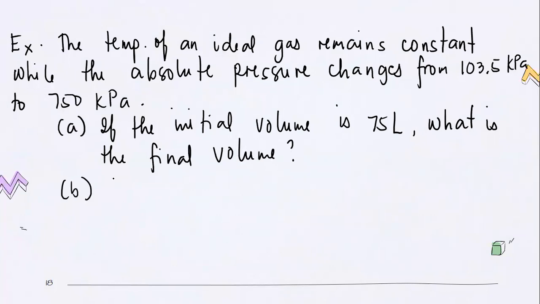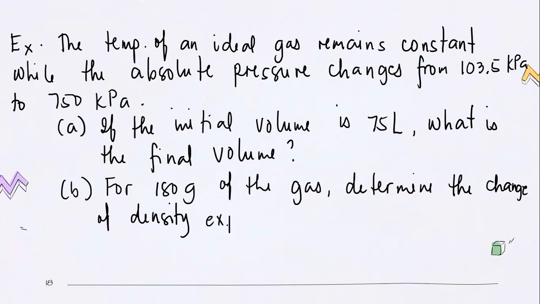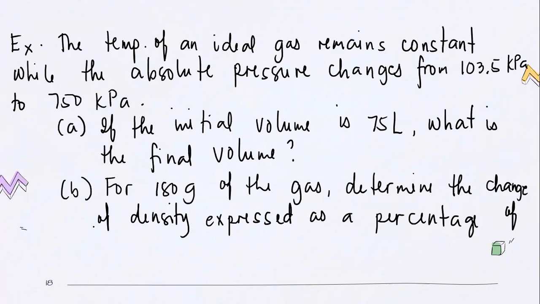Letter B, for 180 grams of the gas, determine the change of density expressed as a percentage of the initial density.